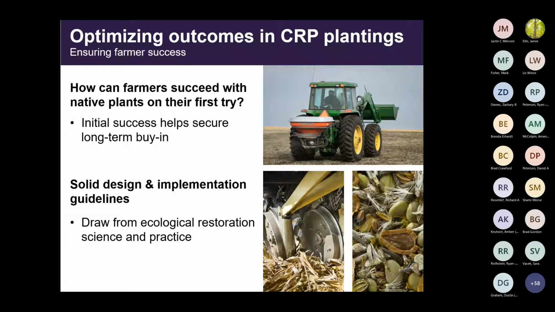Because many farmers and landowners are new to establishing native vegetation, they have to rely on secondhand forms of information like practice implementation guidelines. Ultimately, those guidelines need some strong scientific backing before we can really feel confident about recommending them and expecting a successful outcome to result.